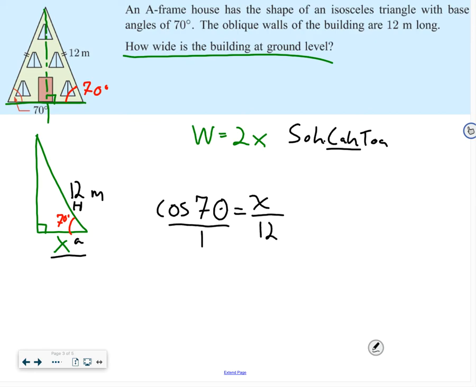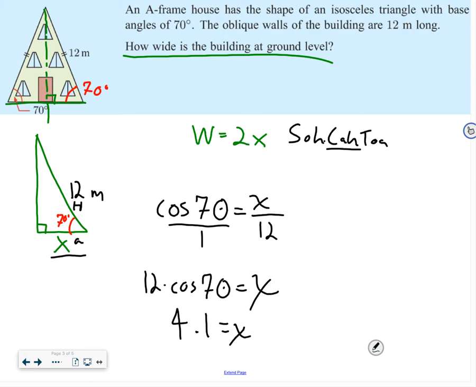Putting this over 1 and cross multiplying, I see that 12 times the cosine of 70 degrees is equal to x. I use my calculator and I see that x is equal to 4.1.